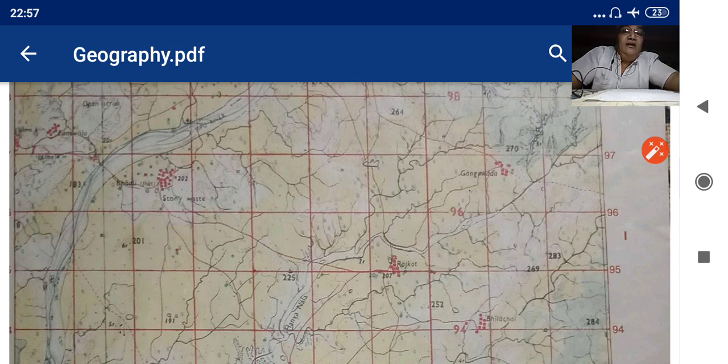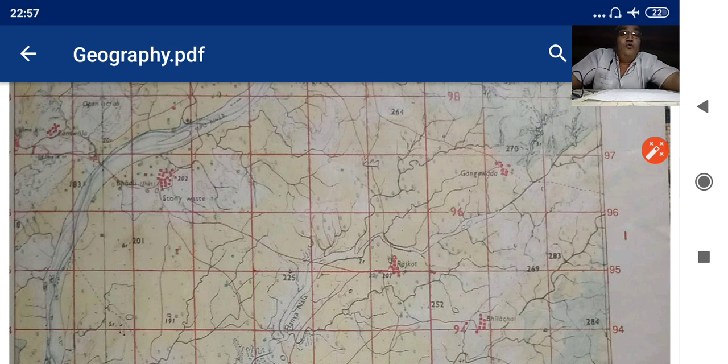This red line is for cart track. It is also a symbol. With the help of a single red line we show the cart track. In the villages we still have the cart tracks on which we have the bullock cart or any cart which is pulled by an animal. So between these two settlements is a red line which is a cart track.